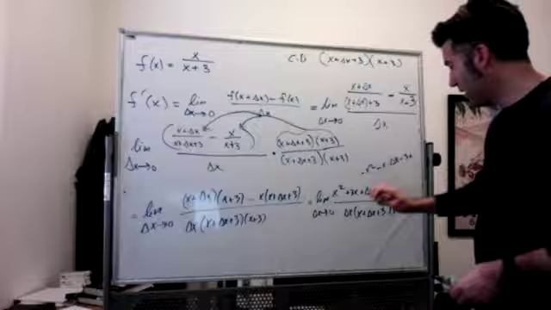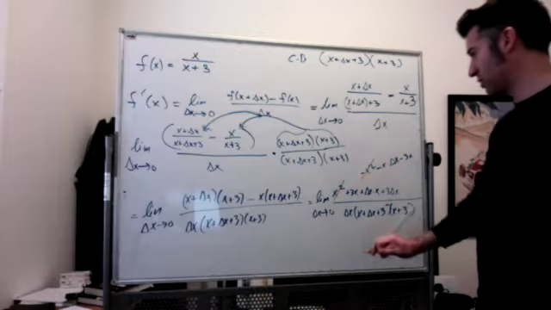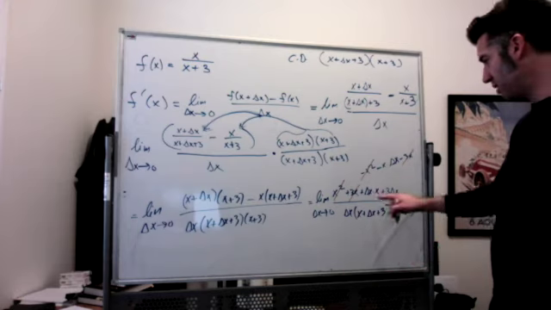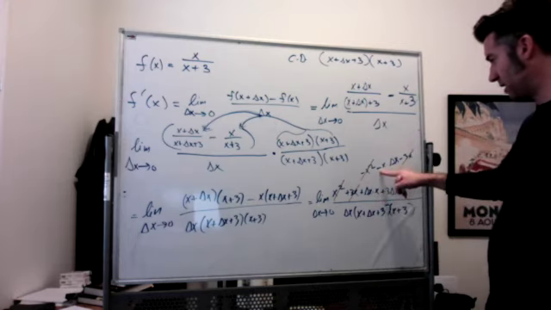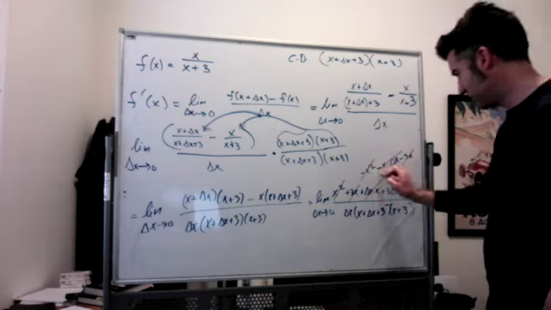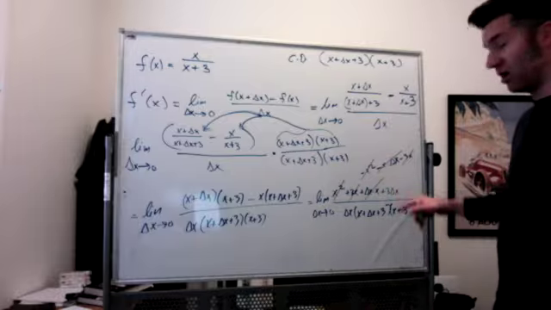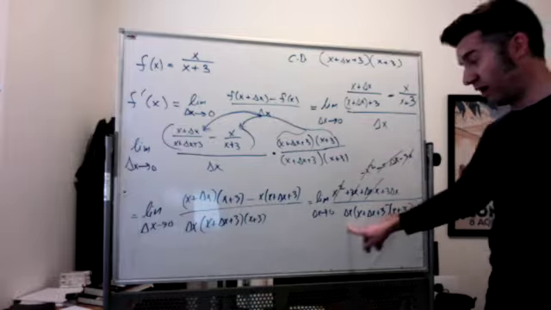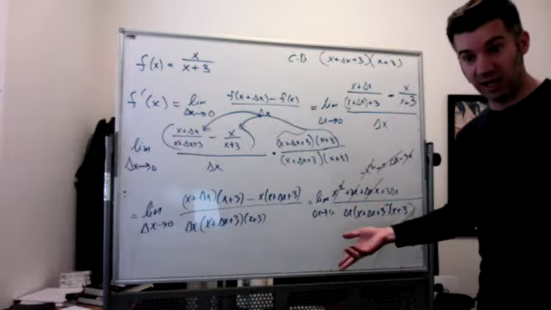Canceling stuff, I see that the x squared and the minus x squared cancel. The 3x and the minus 3x cancel. And the delta x times x and the minus x times delta x cancel. So we're left with a 3 delta x on top, which is great because 3 delta x divided by delta x, the delta x's will cancel.